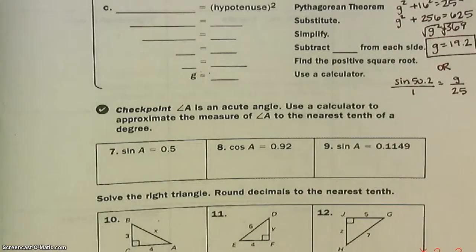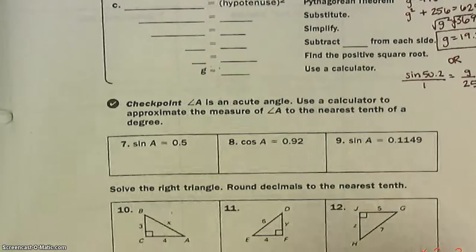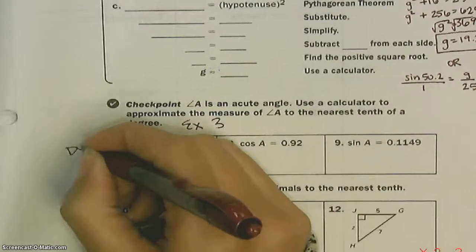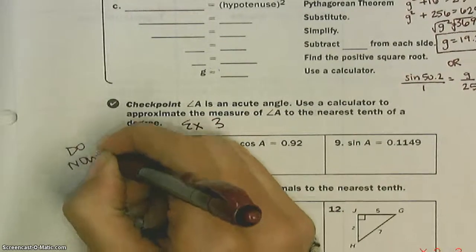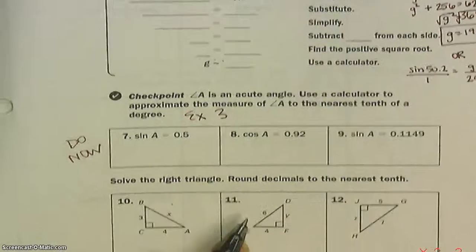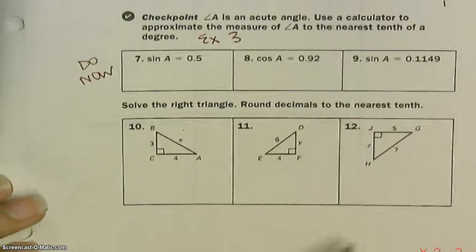Use a calculator to find the measure of angle A. This is just like example 3. Go ahead and do this now. Solve the right triangle. All right, so you're going to have to show your work down here.